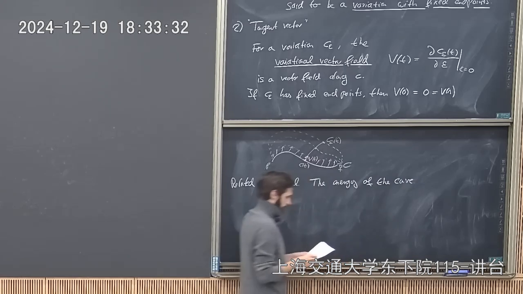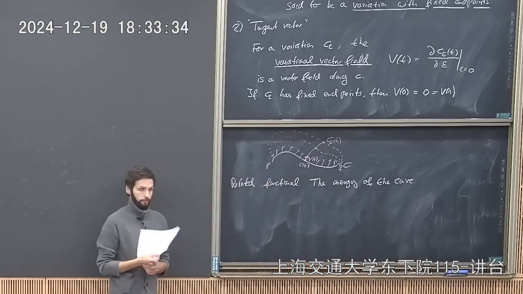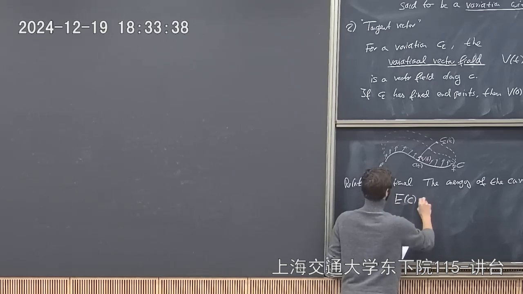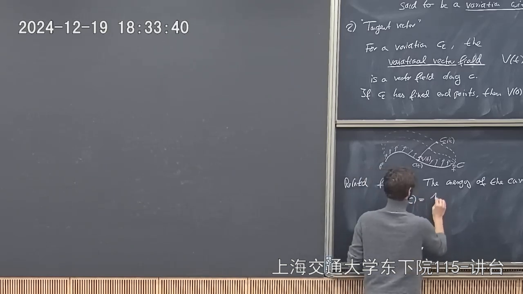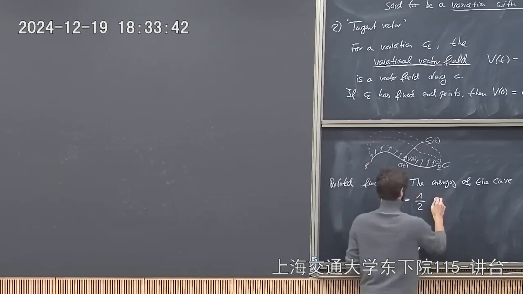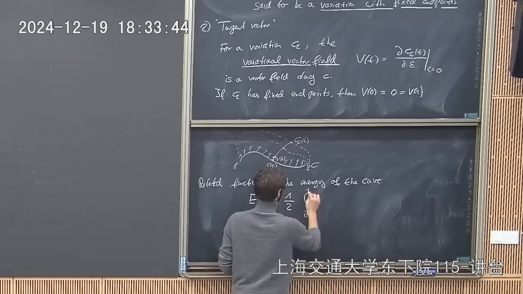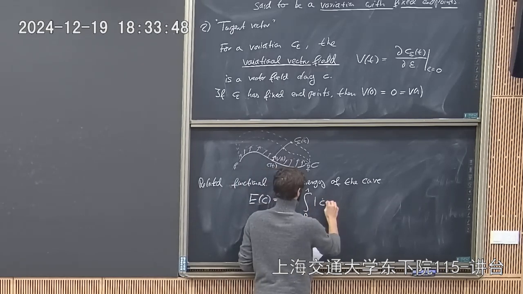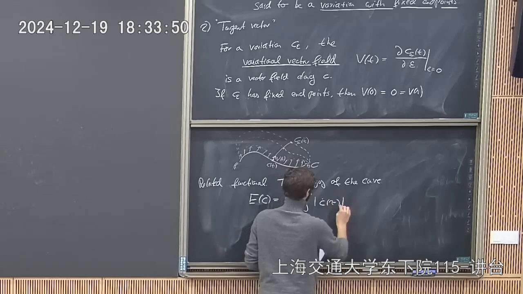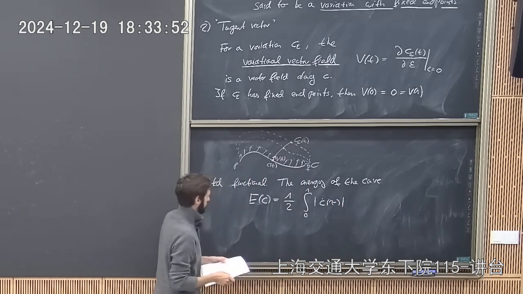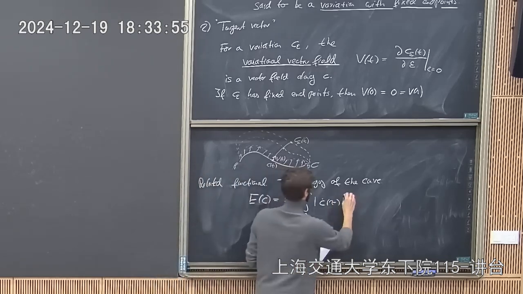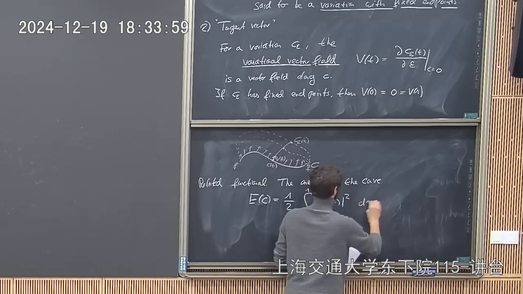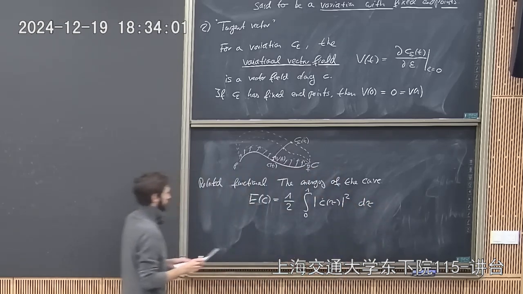So it's in some way like the kinetic energy if you're coming from physics, and that's defined by E of C. It's very similar to the expression that we just had, where we take the length of the tangent vector, but then we square it instead of just taking the linear case, and then we integrate all of that.